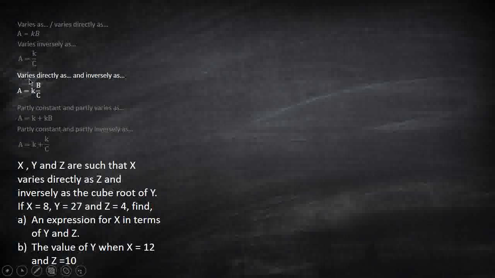But the cube root is there, so for the cube root, we put it in. So if x is 8, y is 27, and z is 4, find an expression for x in terms of y and z. In your formula, x is equal to z divided by y. x varies directly as z, that means x is equal to z, and inversely as y means divided by y.